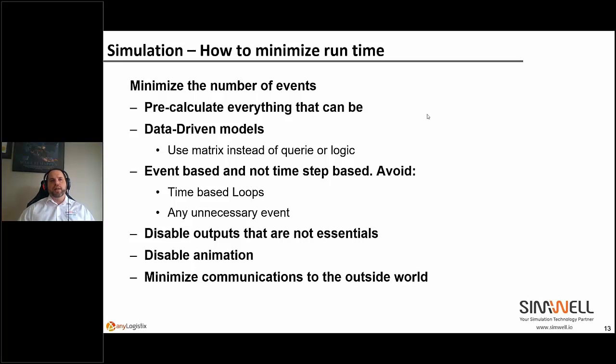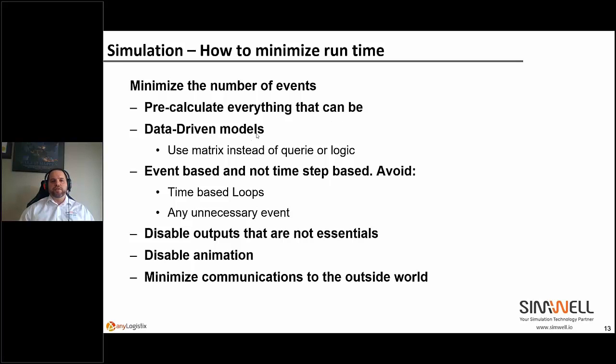For instance, if you're modeling a plant and an employee moves from point A to point B all the time, then instead of having speed and distance and calculating speed times distance all the time for that specific movement, you can pre-calculate the time that it takes to move from point A to point B, and just model that move as a simple delay, right? As a simple time. So you avoid a bunch of calculations and the model runs faster.